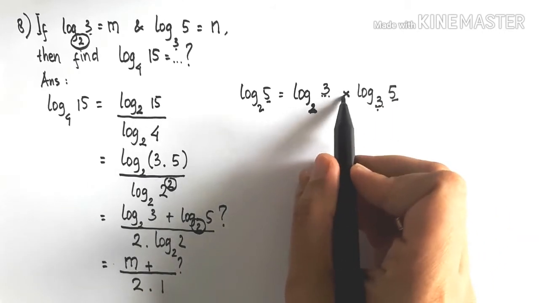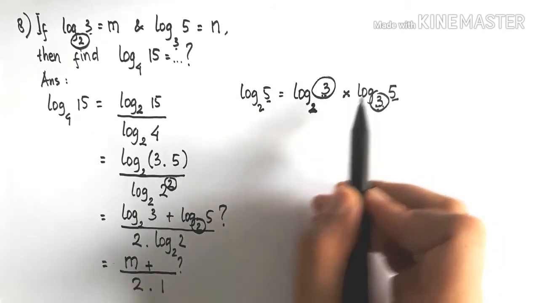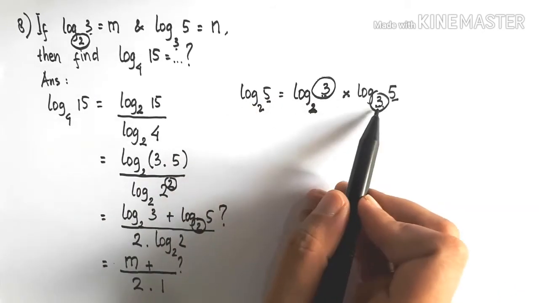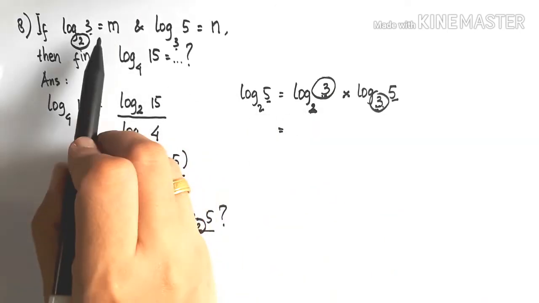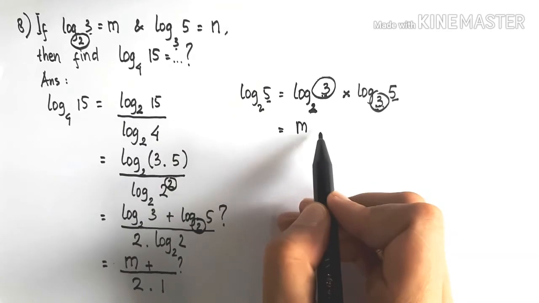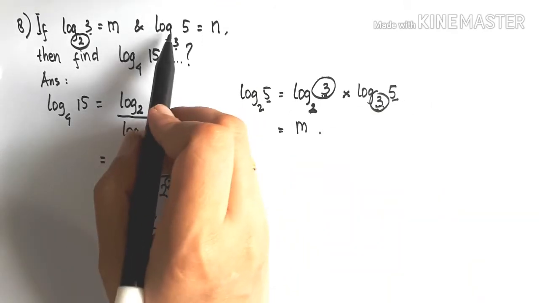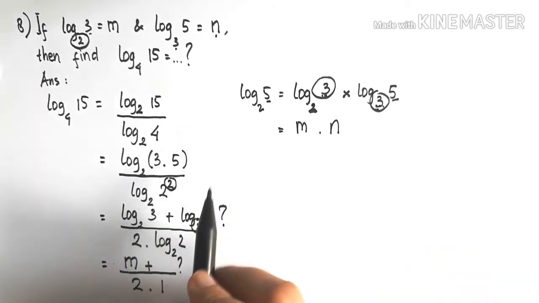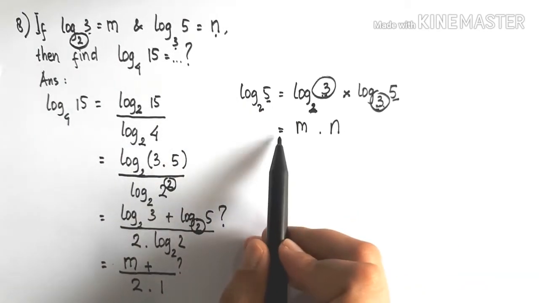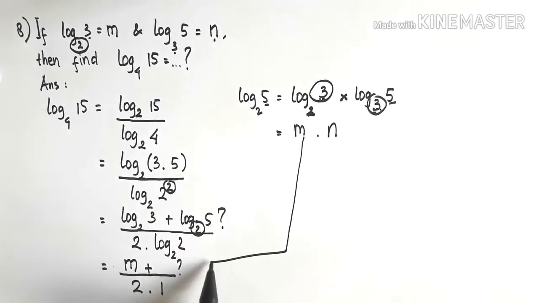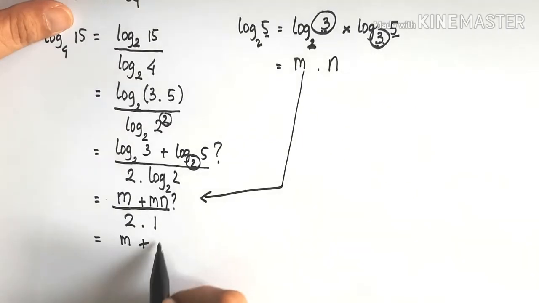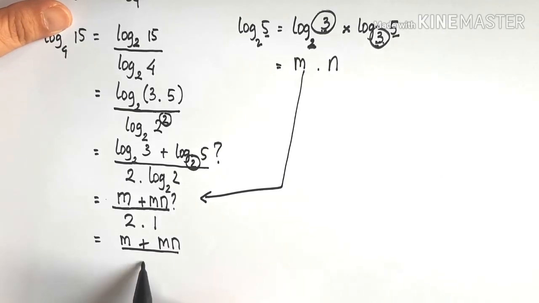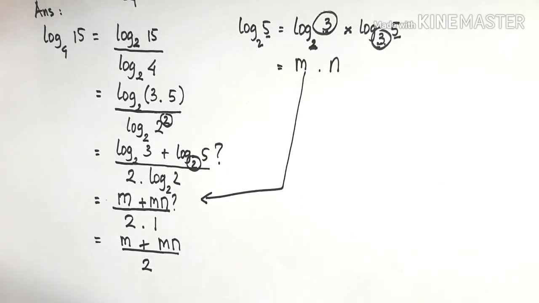If we multiply it, we can change into log base 2 of 5, cancel 3. Then log base 2 of 3 is m times log base 3 of 5 is n. So log base 2 of 5 equals mn. We can substitute here mn. So the answer is (m plus mn) over 2. Yes, it is the answer, student.